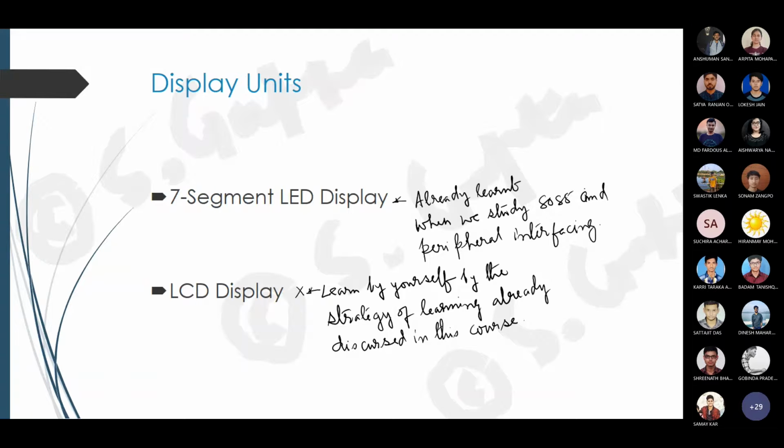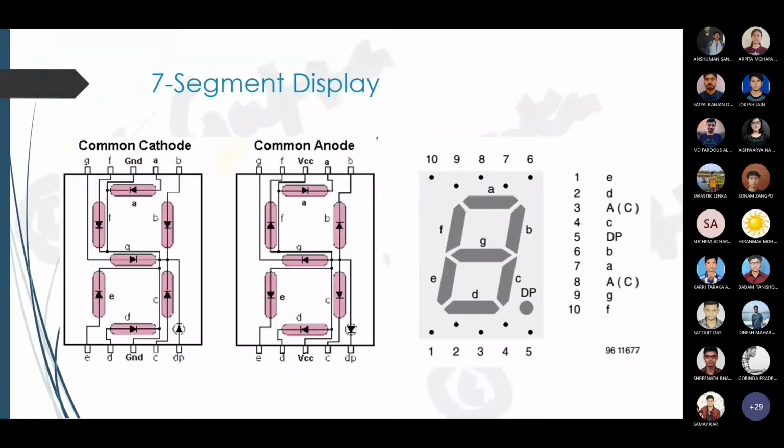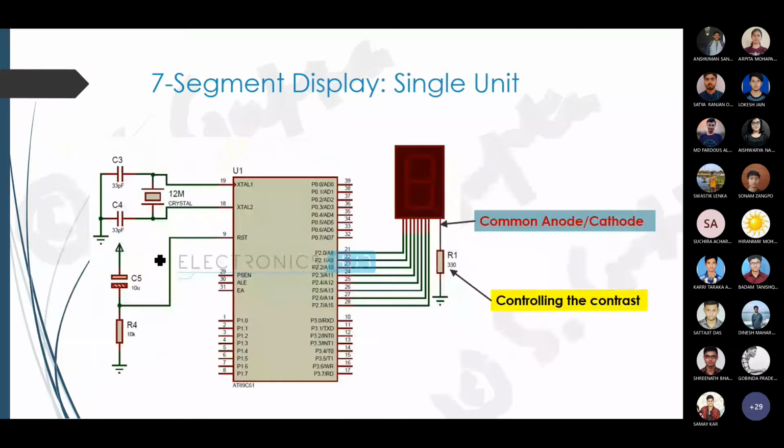So we have already covered the structure of these 7-segment displays and how we can connect these pins to the microcontroller port directly. Depending upon that, the code will be generated for the numerical display values. We can have one example with a single unit that we can connect.